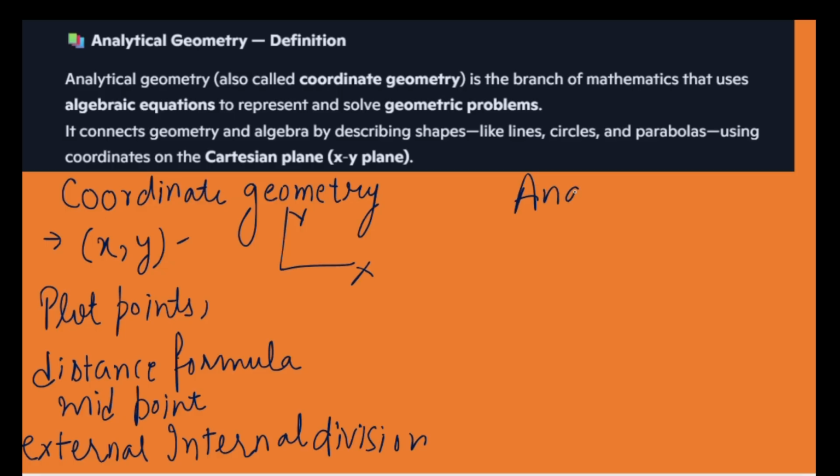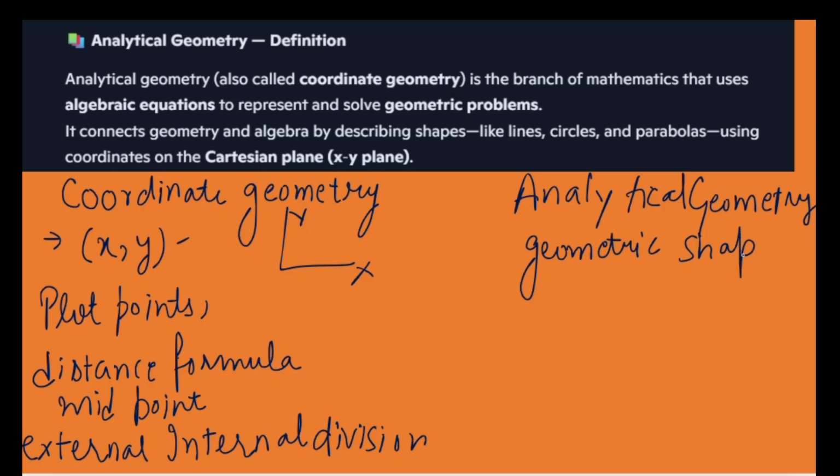And analytical geometry is the application part. Application part means here we are going to represent different geometric shapes, for example, a circle, a parabola, a hyperbola, even a line segment, with some sort of equations.